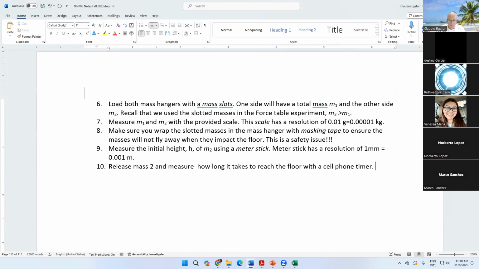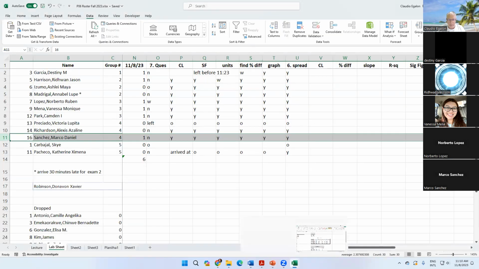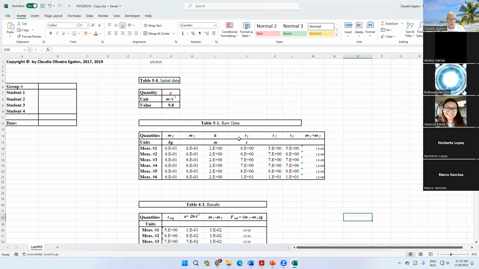They usually have a resolution of 0.01 seconds, okay? I'm not gonna put cell phone timer, I'm gonna put a timer. Can be the timer in your cell phone, but it can be a different timer as well. So that's what we do right in here.